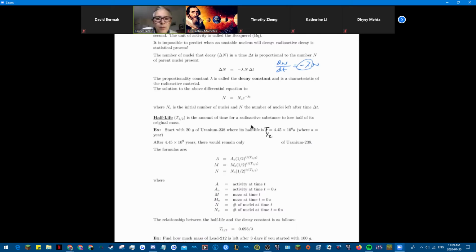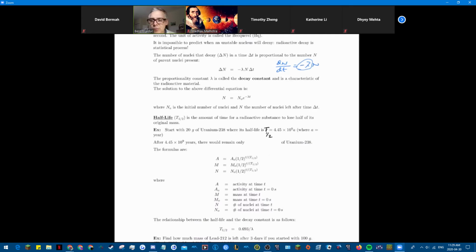All right. So the half-life of uranium is 4.45 times 10 to the 9 A. A stands for year, that's the symbol for year. It's annum, Latin. So if the half-life is the amount of time for a radioactive substance to lose half of its original mass, then after 4.45 times 10 to the 9 years, how much mass of uranium-238 would remain?